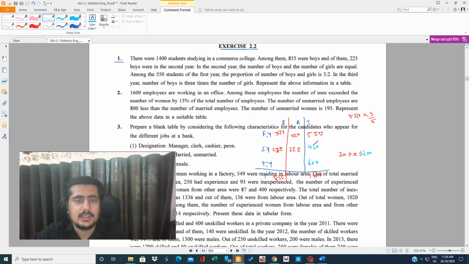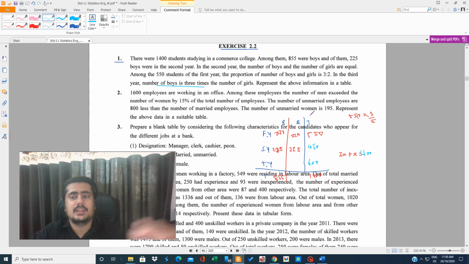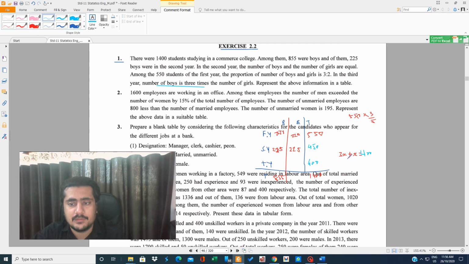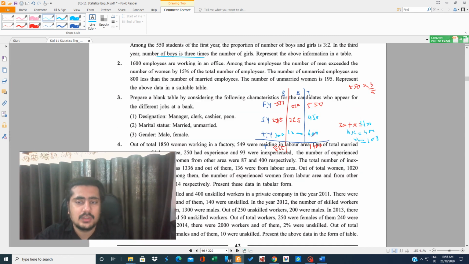As I told you, in third year, boys is 3 times the girls. If girls is x, boys is 3x. So 3x plus x is 400. So 4x is 400, x is 100. Now this x was the number of girls. If x is the number of girls, then boys is 3 times the girls, so this should be 300. So my total is this.